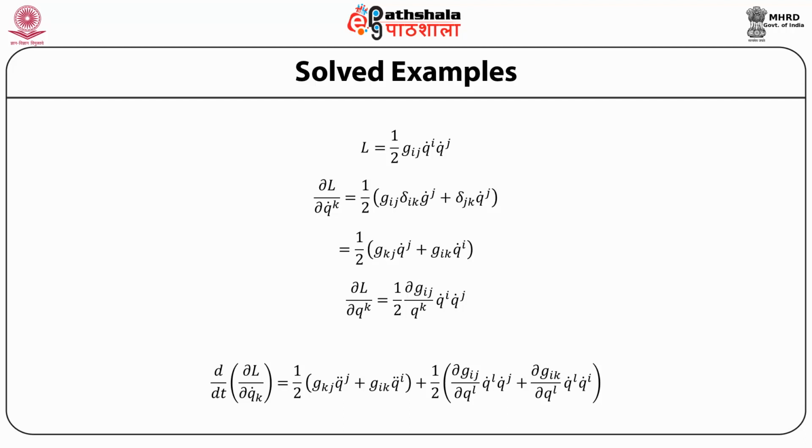See, the thing to remember, this is simple algebra. There is nothing very complicated. The only thing to remember is that the tensor g is a function of the coordinates, generalized coordinates, but not of the generalized velocities.